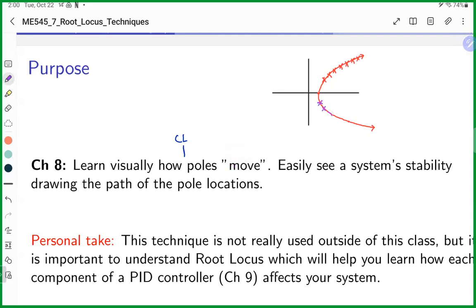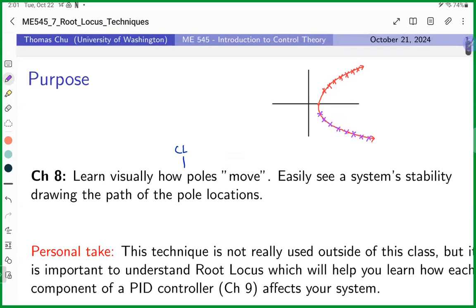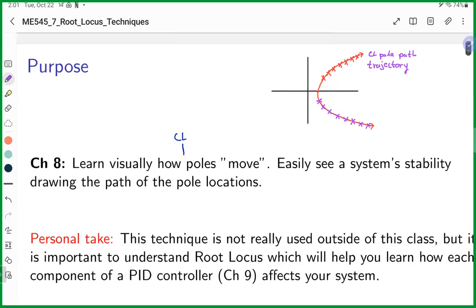So these are complex conjugate poles and they only go in this path here. Then I can see that this system will never be stable because the poles are always in the right half plane. These are the trajectory of the closed loop poles. So that's what root locus does. It gives us a visualization of how our poles move.